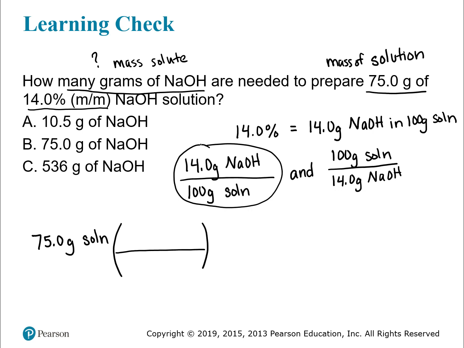So this unit factor, see, I knew I was going to do it. Unit factor, conversion factor, they're the same thing. This conversion factor, the first one, is what we're going to use. And again, remember SOLN, that's how I abbreviate solution.